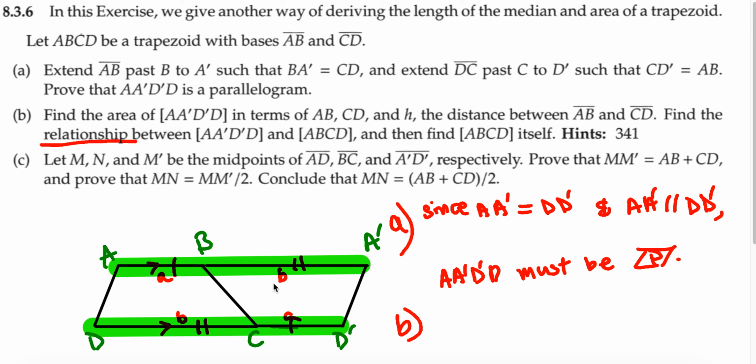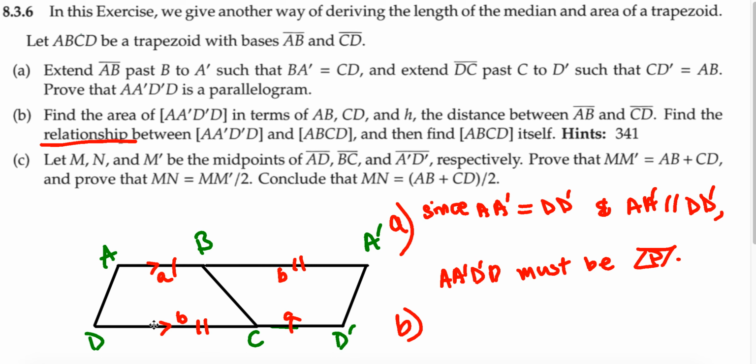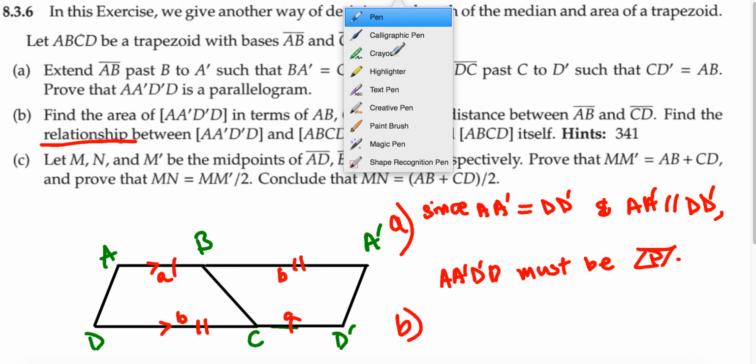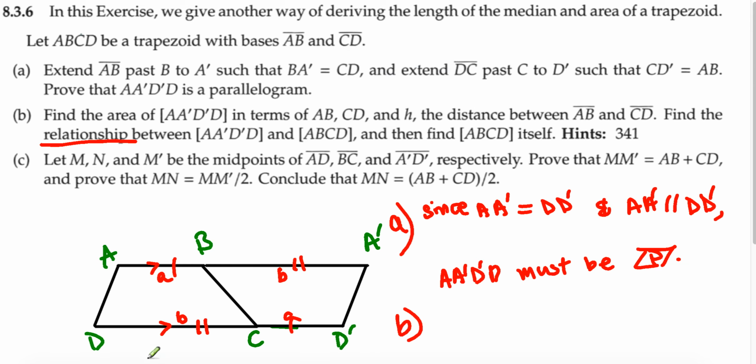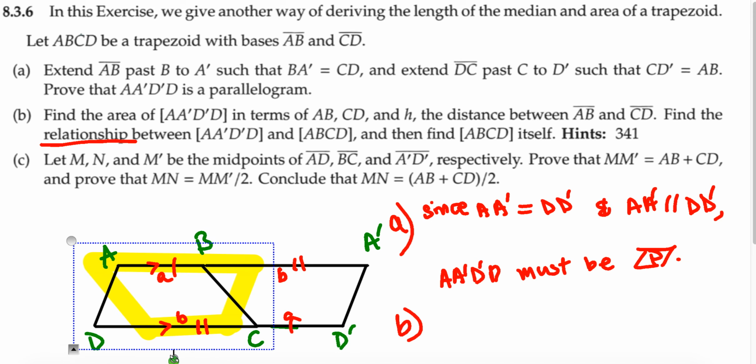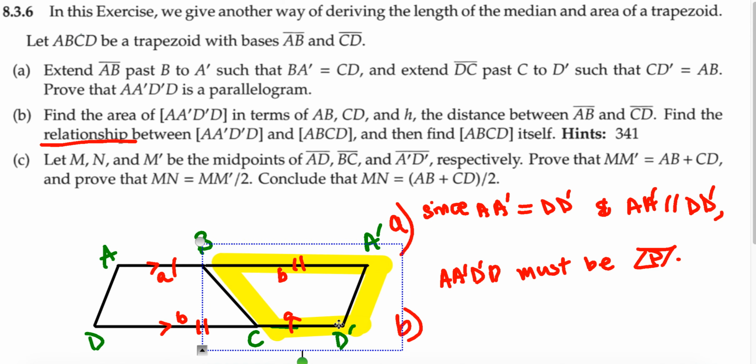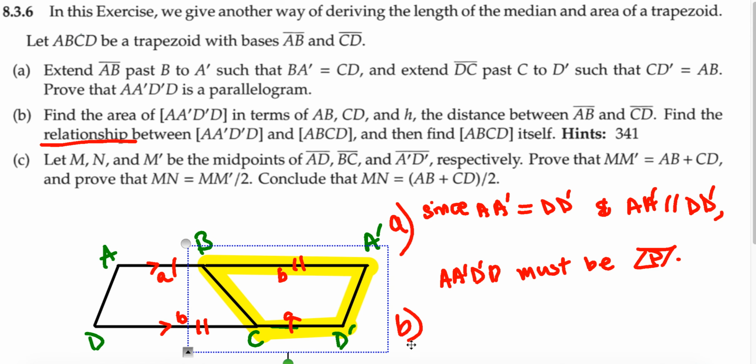Now notice that the parallelogram that we are about to see is in fact made out of two trapezoids, and I'll show you here right now as well. We have the yellow trapezoid, and then we can switch it up, and it fits the other trapezoid as well.